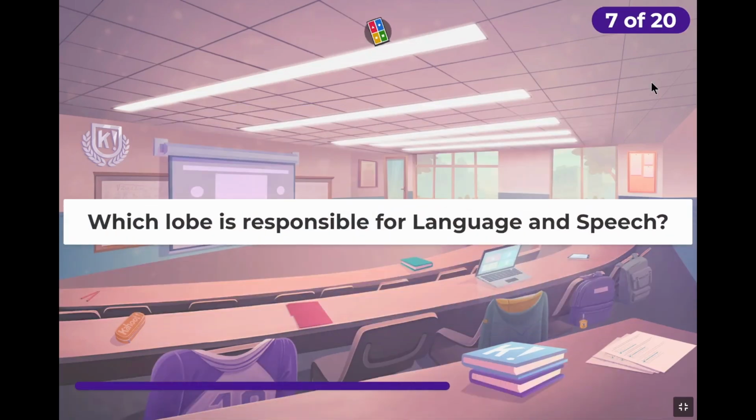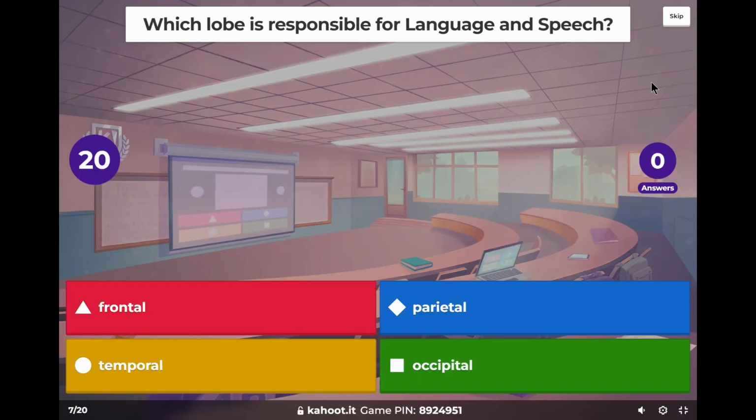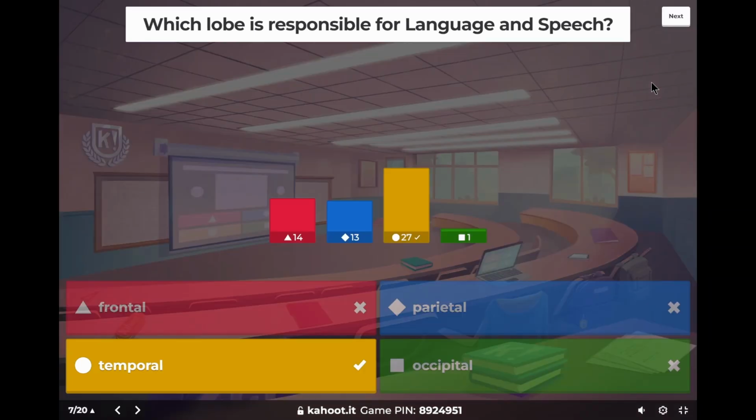Which lobe is responsible for language and speech? Okay, now this is language and speech, but mainly comprehension.